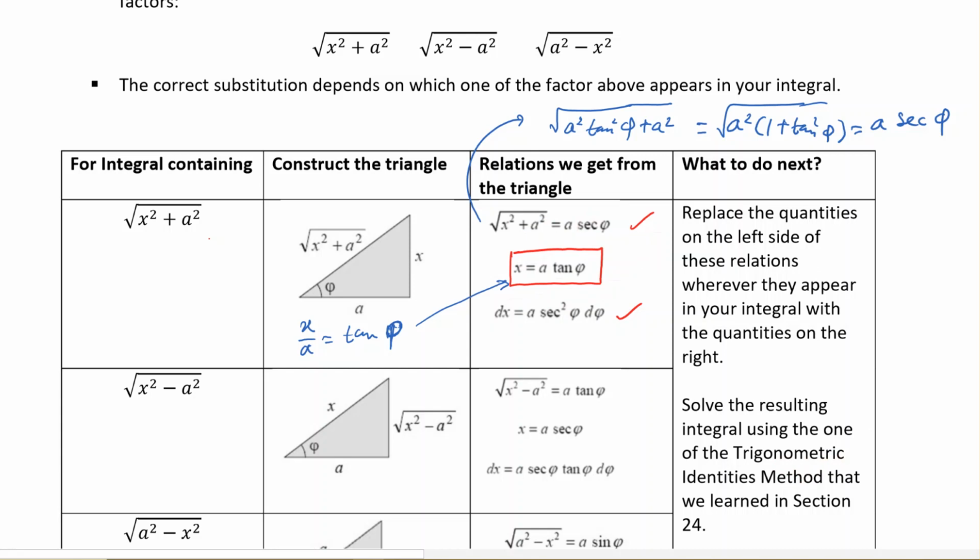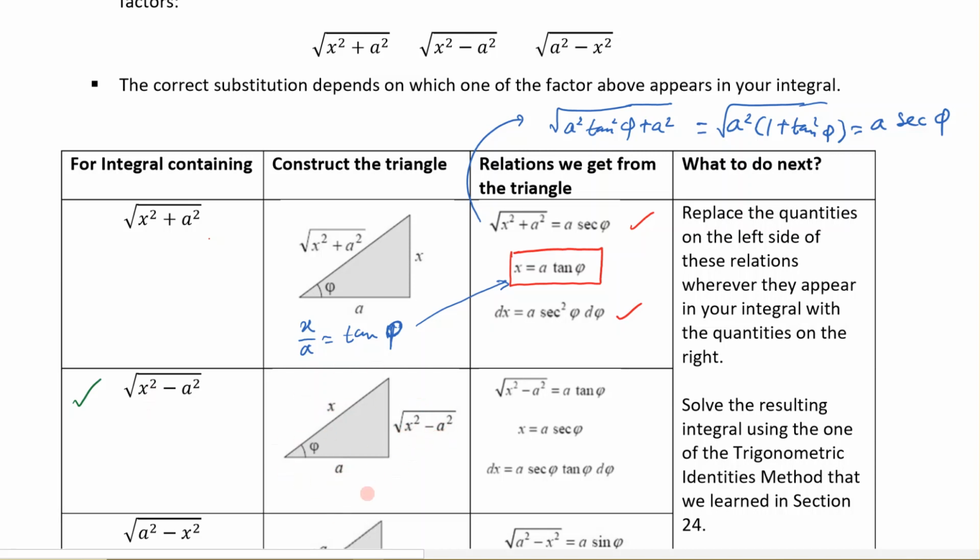Similarly, if you have an expression of the type square root of x squared minus a squared, then we construct this triangle, because by Pythagoras, x should be the biggest side. So x is this, another side is a, and the third is square root of x squared minus a squared.